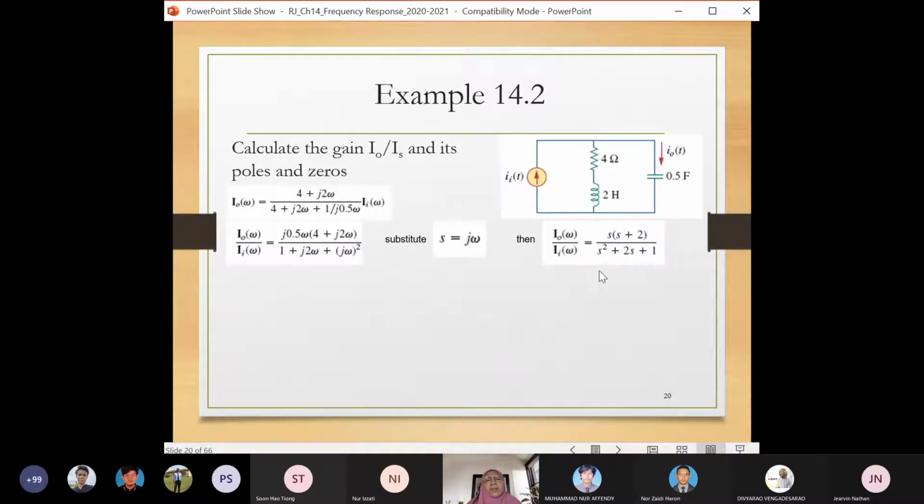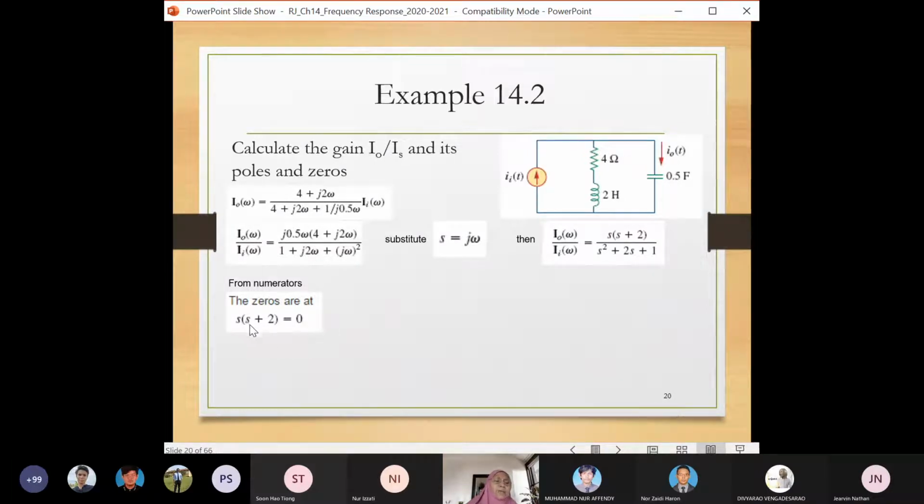Okay, so now you have the numerator and denominator. The numerator will give you the zeros. The zeros are at s times (s plus 2) equals 0. When s gives this expression 0, that is the value of the zeros. So what values can give zero? When s is 0, 0 times 0 gives you 0.